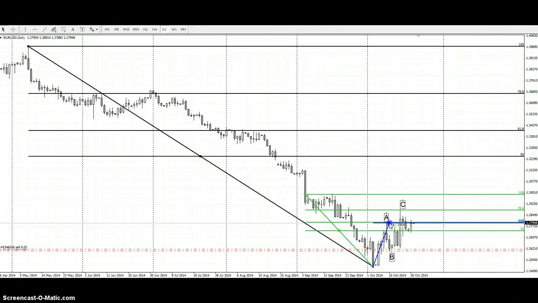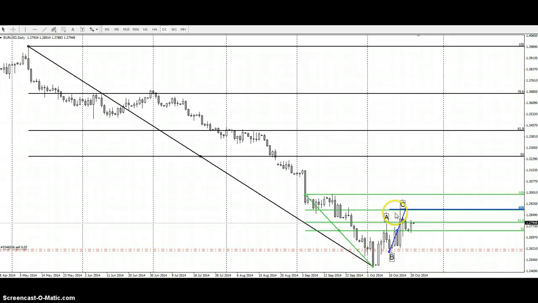Let's put it correctly. Actually, it's correctly like that. And by taking this and applying it to the low of B, it should give us the objective of C, which actually is exactly where it is now.